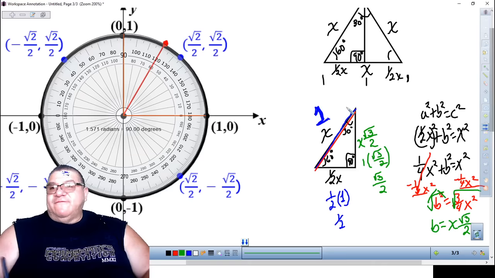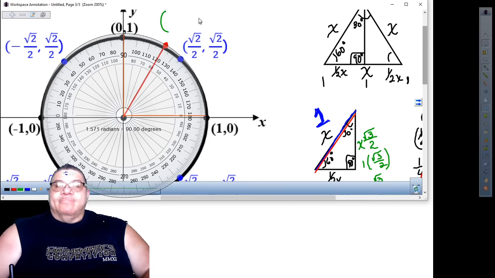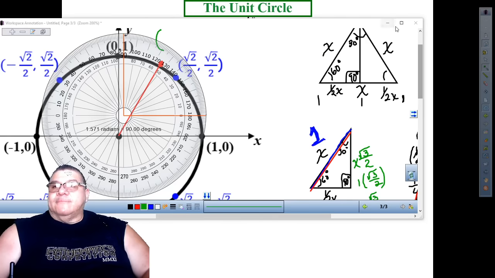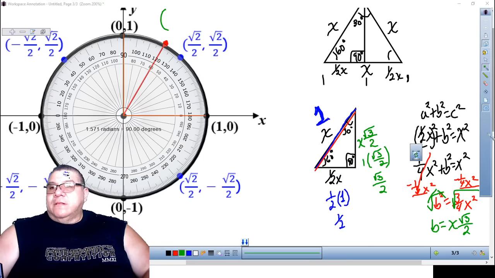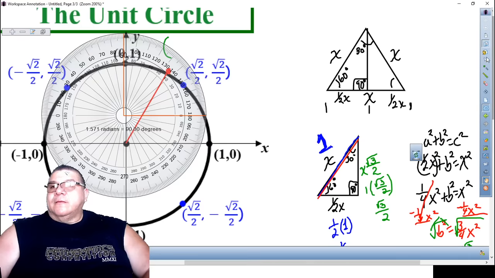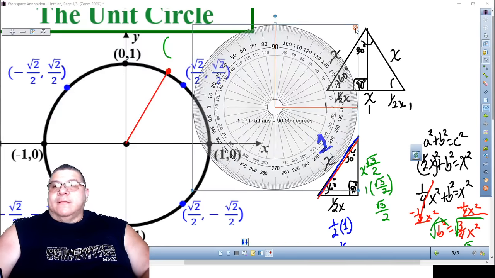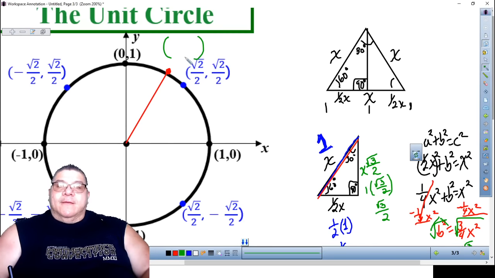So my y value, let me get this out of the way, sorry, at this point is square root 3 over 2.